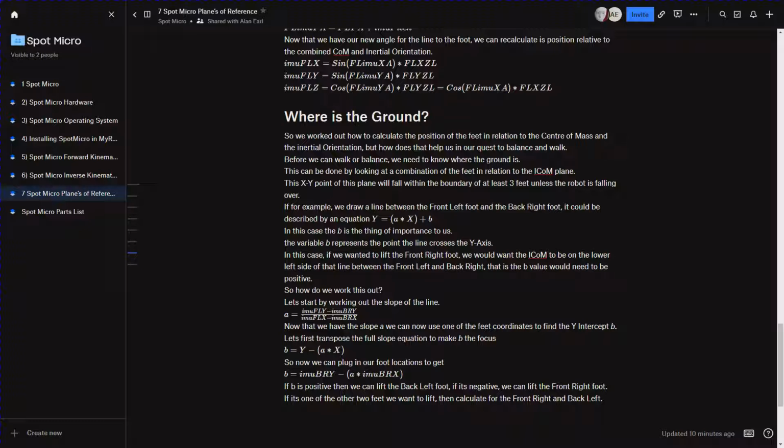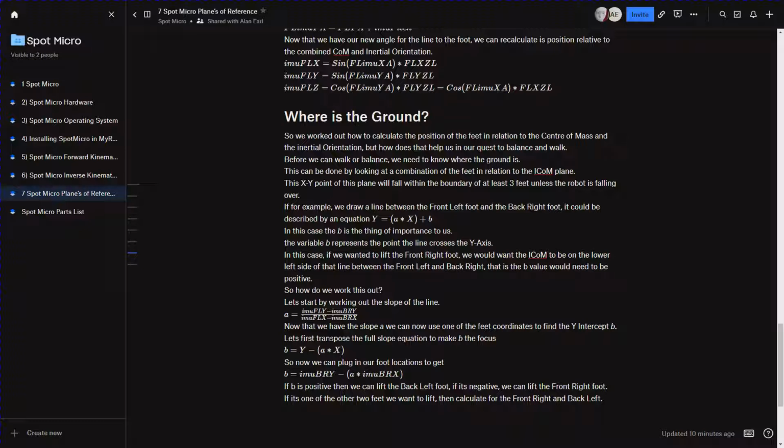We can actually work out a slope on that line, and that's not really that difficult. We take the front left Y, subtract off the back right Y, and then divide that by the front left X minus the back right X. And that gives us the slope.